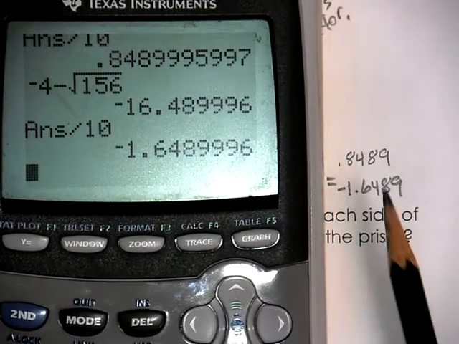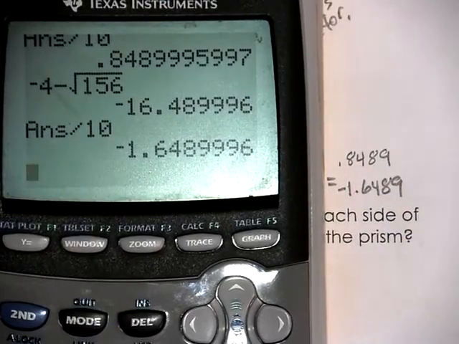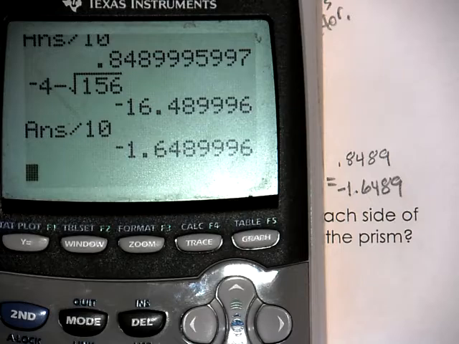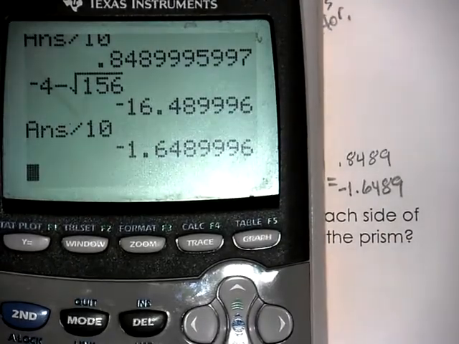So this says 0.8489. That's not even one item. Why did we get a decimal like that? Oh, these are the number of items, and the number of items are represented by thousands.